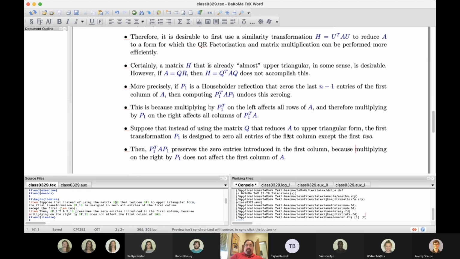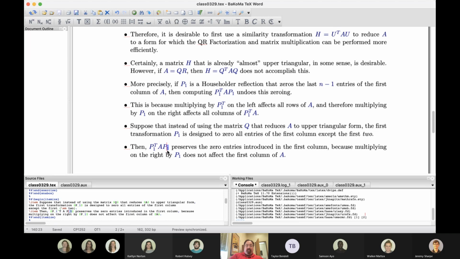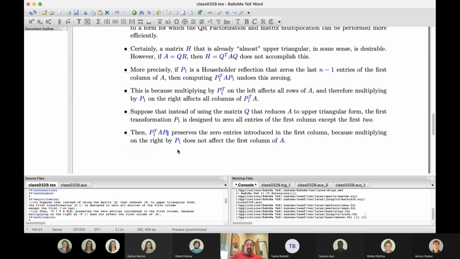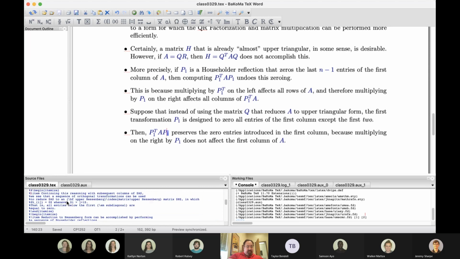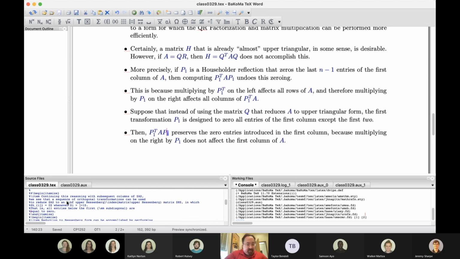So here you zeroed a bunch of entries in the first column, and after you multiply by P1, those 0 entries will still be 0. So this is much better, because you end up being able to zero a whole bunch of entries below the diagonal. Not all of them, but most of them.